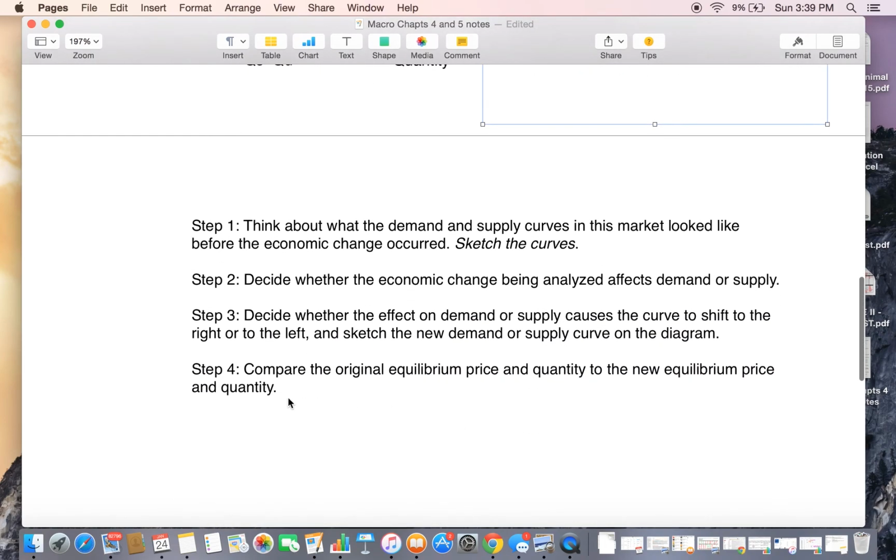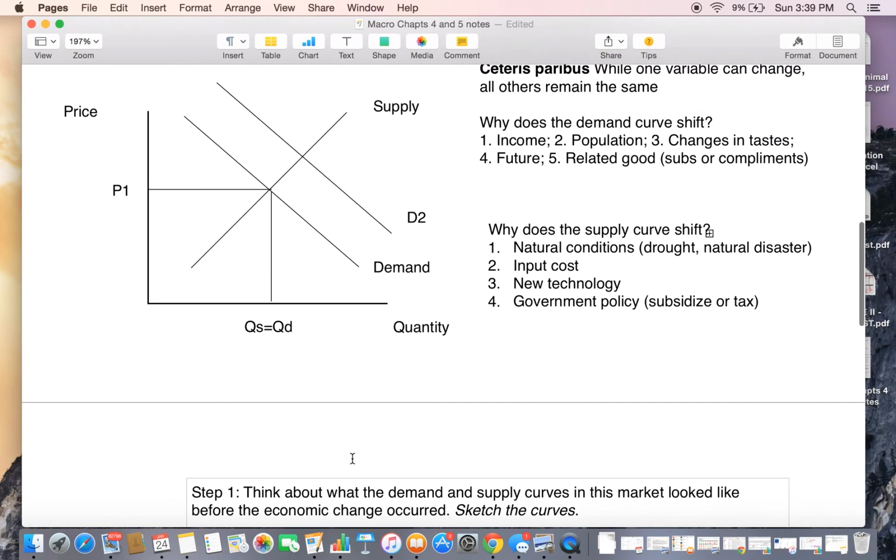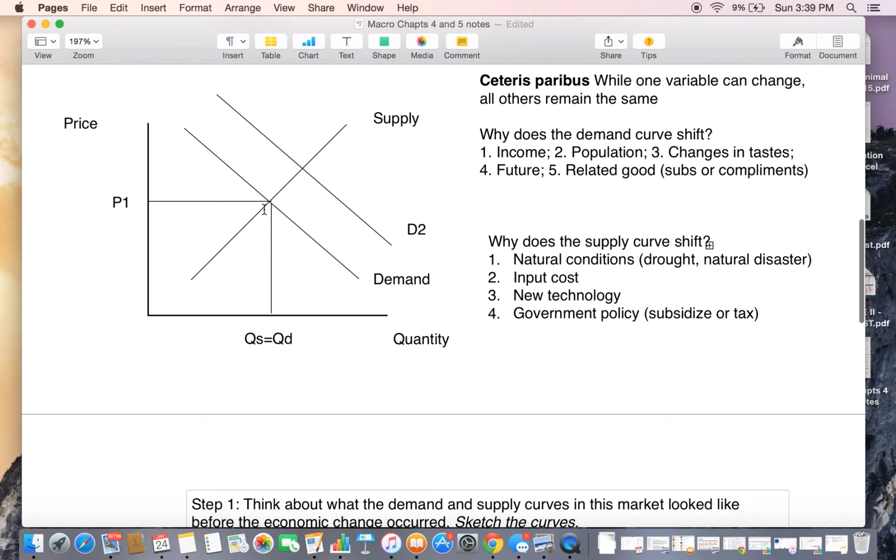Now, the last thing you want to do, and we haven't talked about this too much, is compare the original equilibrium price and quantity to the new equilibrium price and quantity. So this one makes sense, right? When people are demanding something and nothing else has changed, the number of suppliers in the market hasn't changed, the cost to produce it hasn't changed, just there's more demand and we have a fixed supply.